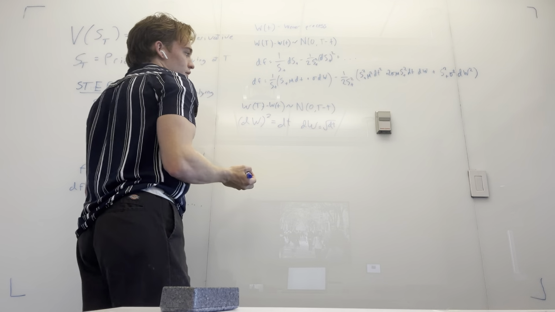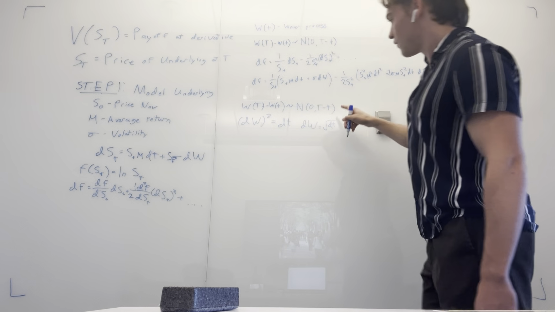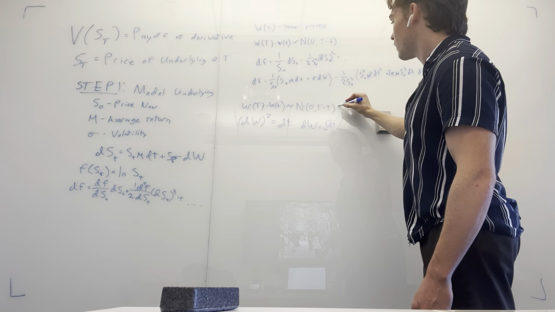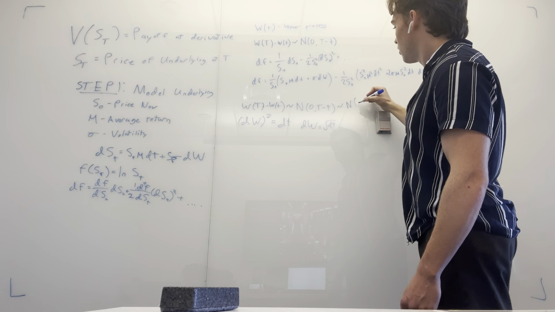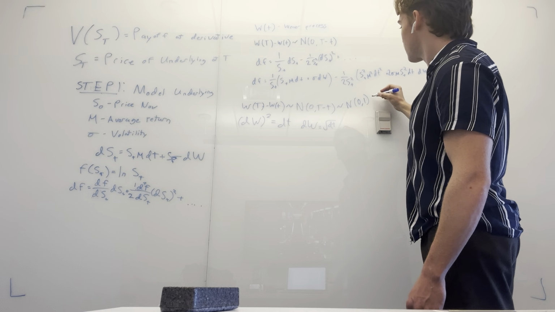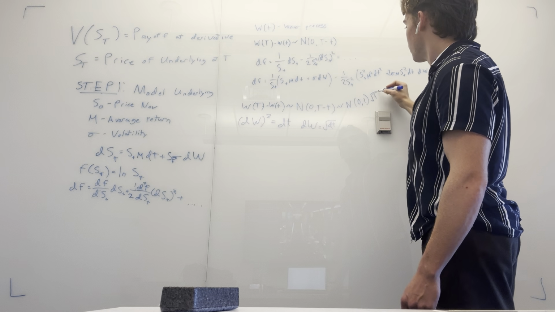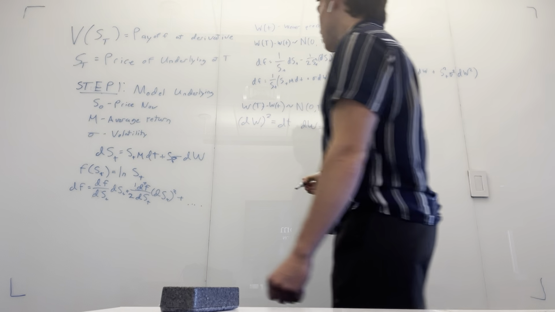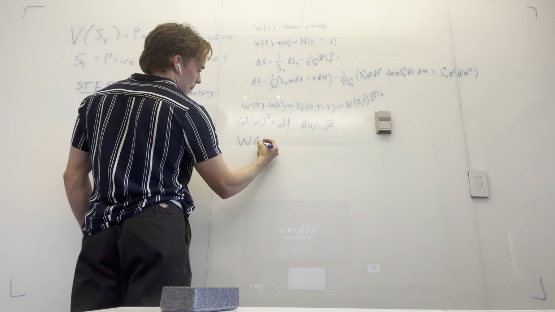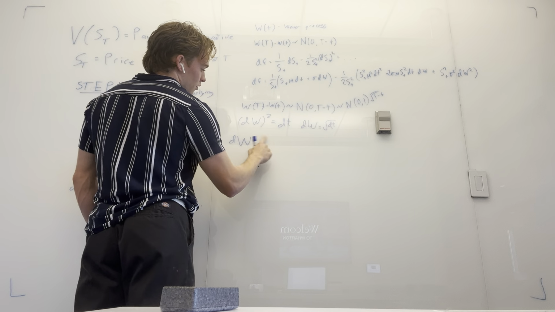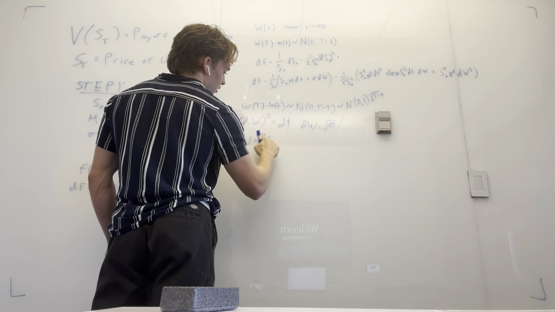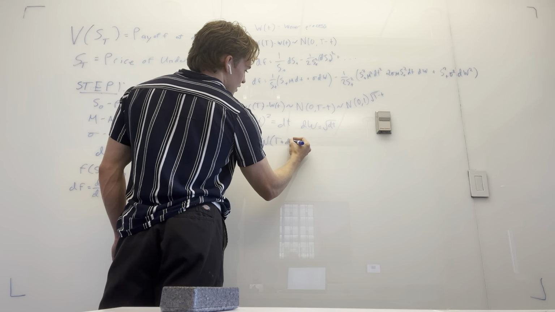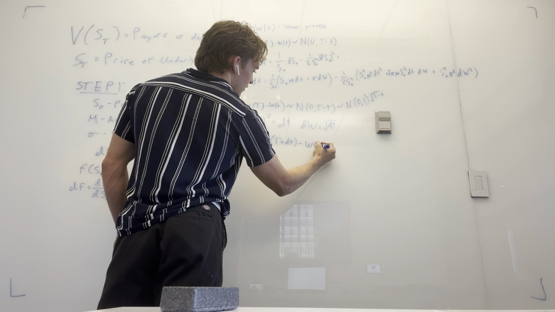And the way that I sort of think of this making sense is that if you take some normal distribution, you can relate it to the standard normal, where it's 0, 1, and then you have to scale it by root t minus s. So you can imagine then, if we're taking some Wiener process, or if we're taking some dW, then that is basically going to be W of t plus dt minus W of t.